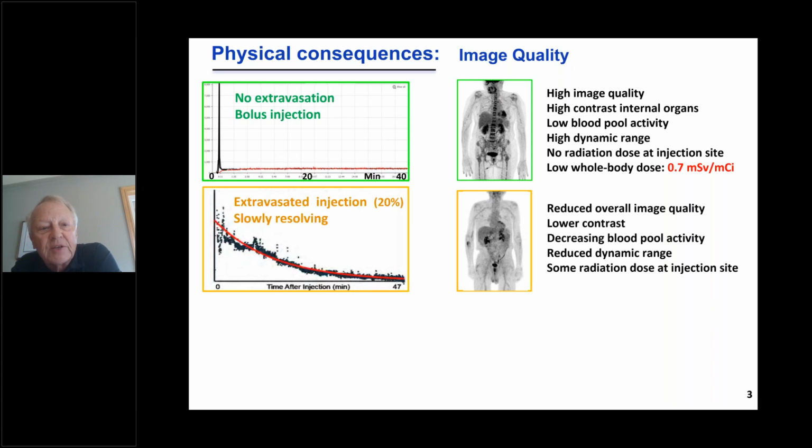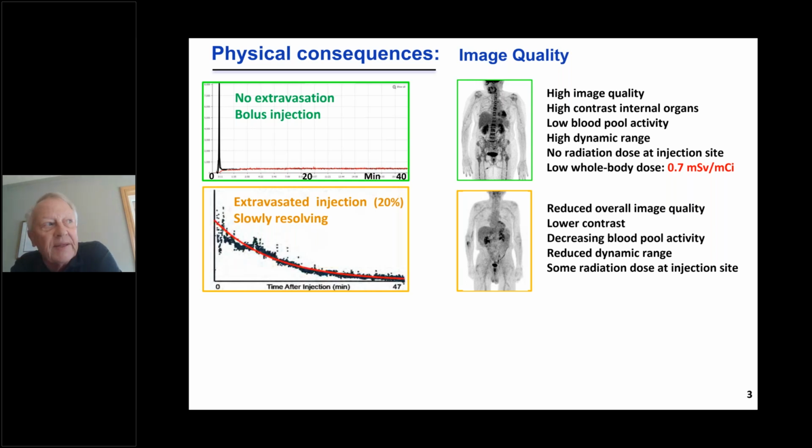If there is some extravasation, and the curve shown on the left-hand side shows something like 20% extravasation, which then slowly resolves as the radioactivity left at the injection site is absorbed into the blood and then distributed through the body.